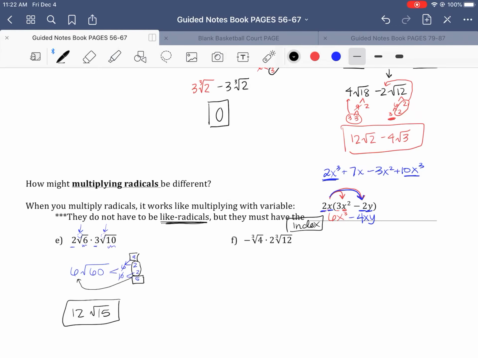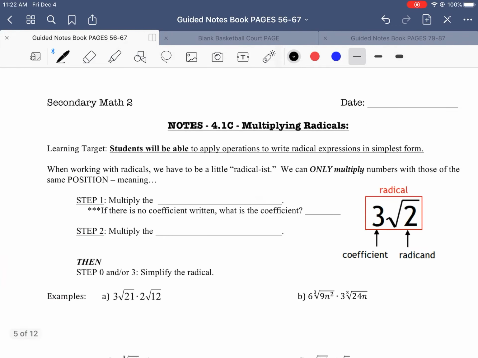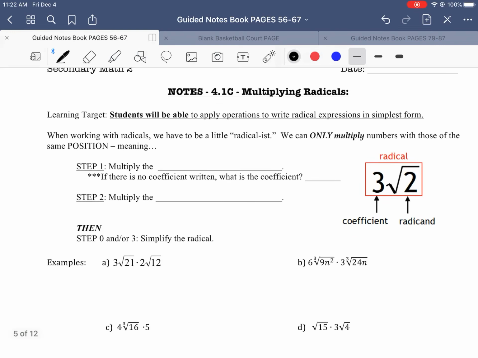So there's another example there, but I'm going to jump over into 4.1c. When you're multiplying, again, the steps are: you multiply the coefficients together, just like when you multiply like terms, and then we multiply the radicands. You do not multiply the index. The index stays the same.